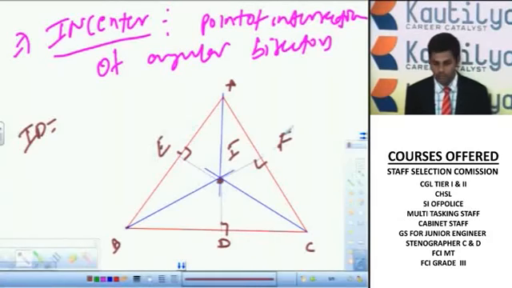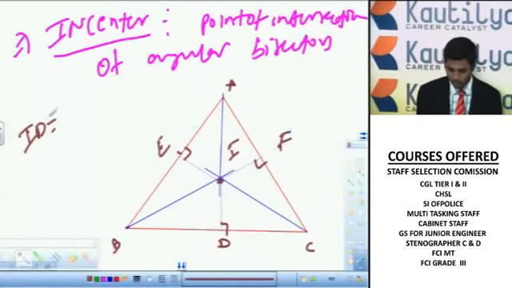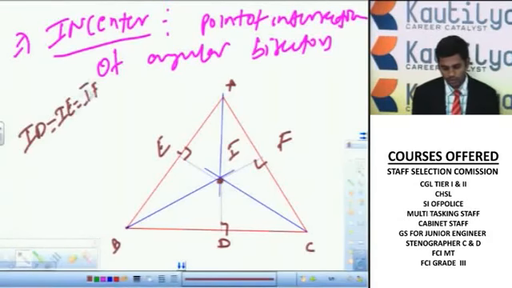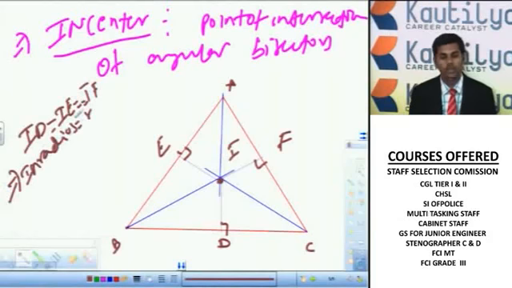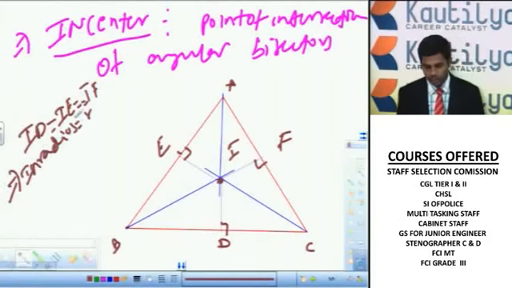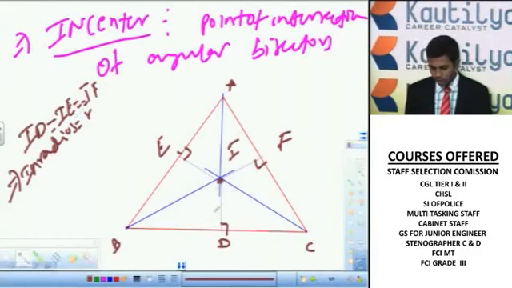Let us denote the feet as D, E, F. So ID will be equal to IE will be equal to IF, right? All those three distances are equal, and all those are nothing but the inradius, represented by R.